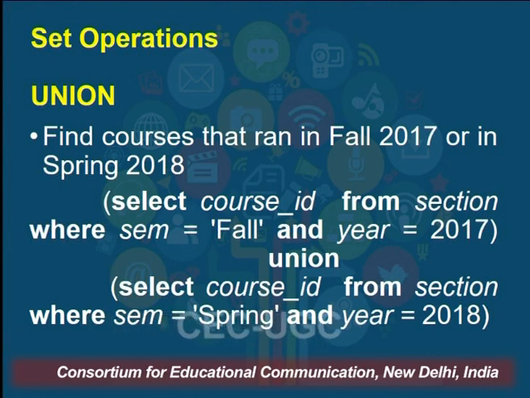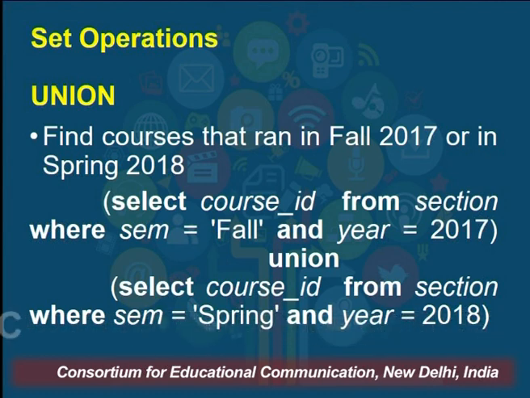But here, for the set operations in SQL, we will be writing queries like this. Let us take the example of union. We want all the courses that ran in fall 2017 or in spring 2018.